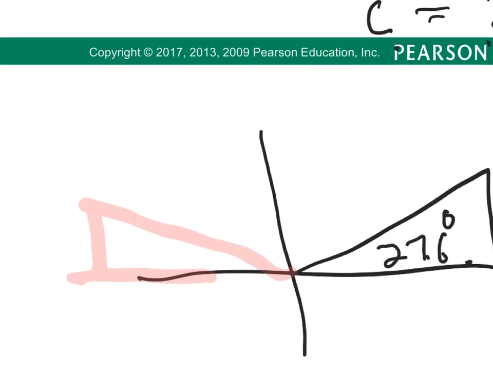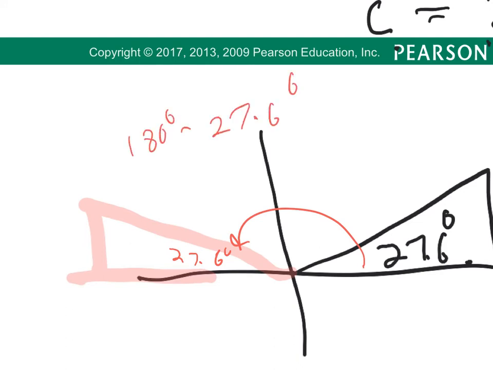And if this is 27.6 degrees, then this total angle would be 180 degrees minus 27.6 degrees. And do my math, that's about 152.4.